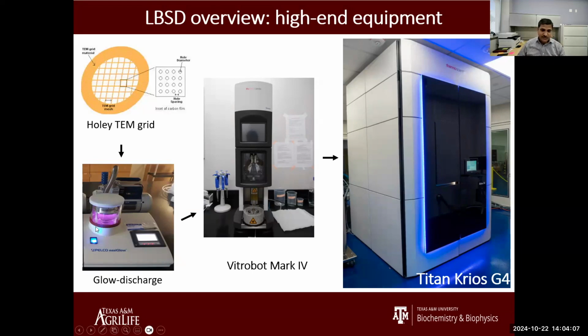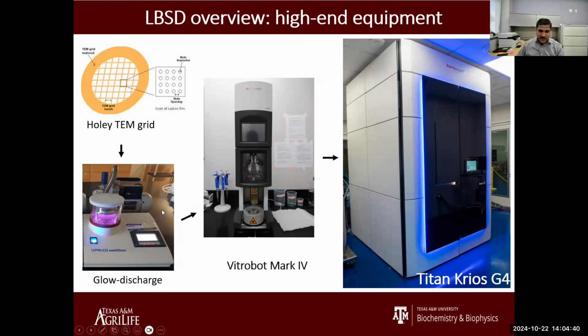We use this to make the grids hydrophilic so that our sample adheres to the grids, because most of the contact foil grids have a carbon film that is hydrophobic. If we don't make it hydrophilic, our sample will not adhere very well on the grids.